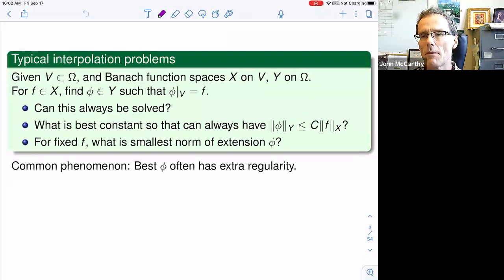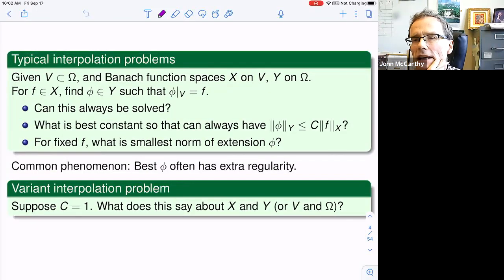And then a common phenomenon is that the best extension, the one with smallest possible norm, often has extra regularity than you a priori have a right to expect. It has extra regularity than it gets from just being a function in y. The fact that it's the smallest extension forces other things from variational inequalities and the like.